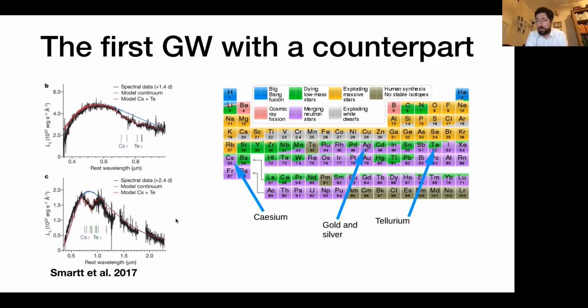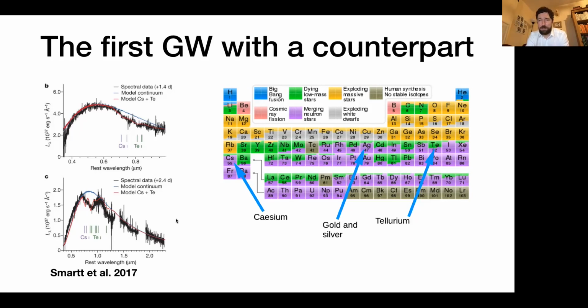We were able for the first time to point to the origin of some of the elements in the universe that we hadn't seen where they come from before. And it's nice as well, if any of you are wearing any gold or silver jewelry, that gold or silver probably came from the merger of two neutron stars more than 4.5 billion years ago.